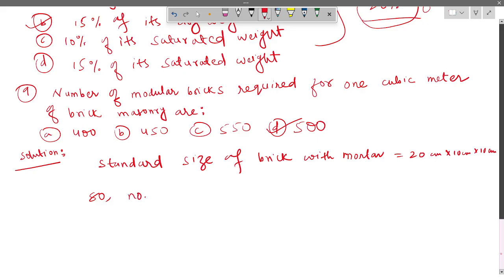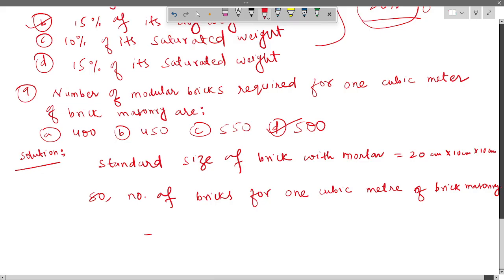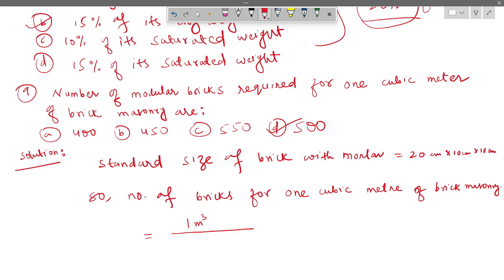So the number of bricks for 1 cubic meter of brick masonry are how much? How many will there be in 1 cubic meter? So we will divide by the actual size with mortar.